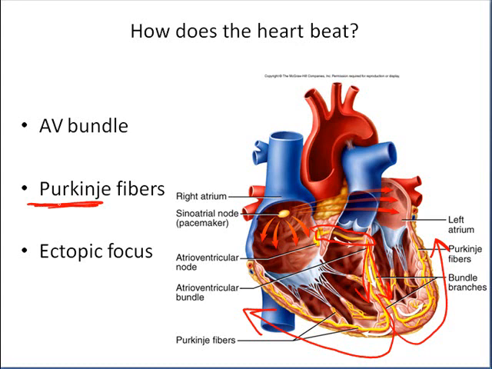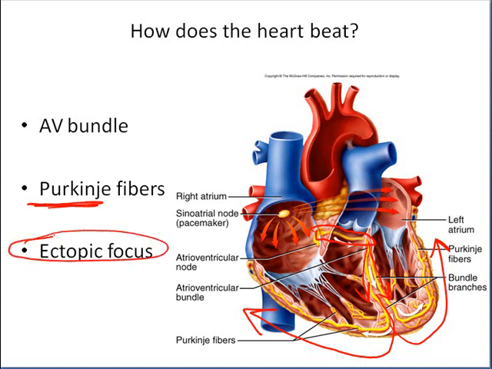Sometimes things can go wrong, and we can get rogue myogenic cells that start generating their own pacemaker potential without being part of this circuitry. Or they may be part of the circuitry, but they just start doing their own thing. That's called an ectopic focus.